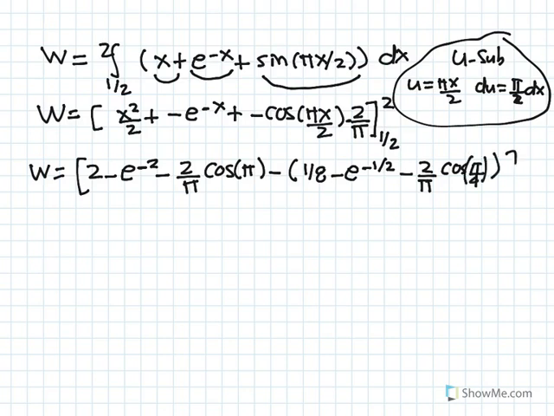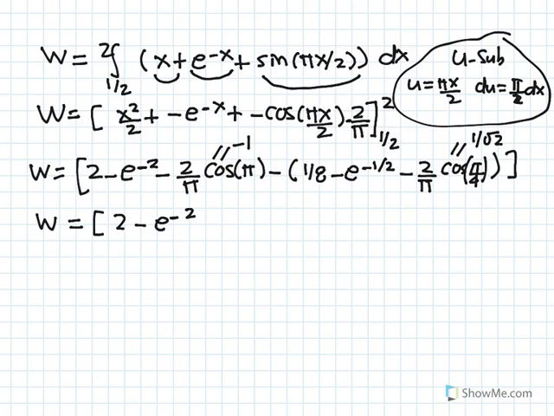All right, so now cosine of pi is negative 1. Cos of pi over 4, from the 45, 45, 90 triangle, the 1, 1, root 2 triangle, is simply 1 over root 2. So simplifying this, we get work is equal to 2 minus e to the minus 2.